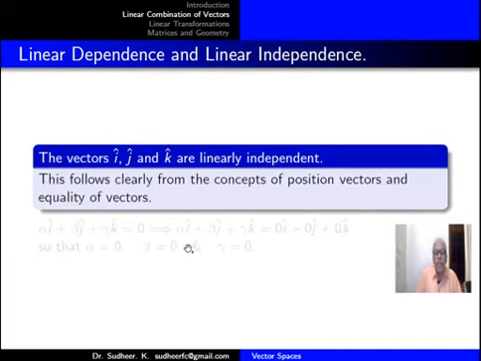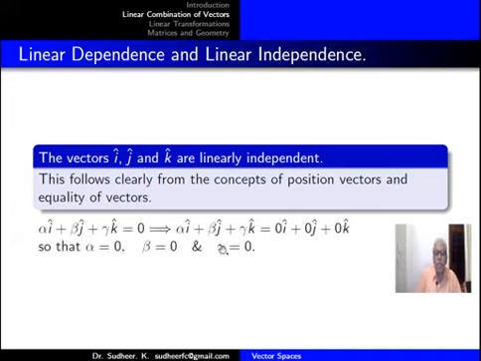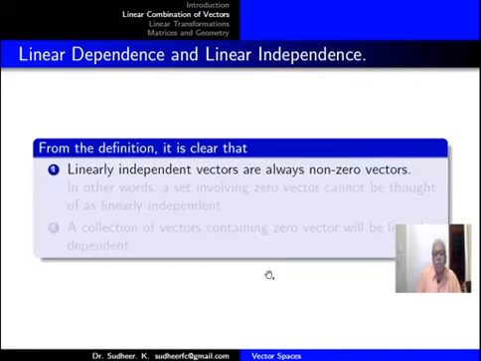The vectors i, j and k are linearly independent, and this follows clearly from the concepts of position vectors and equality of vectors. I'll just outline the steps. Alpha i plus beta j plus gamma k equal to 0 implies the 0 vector on the right side can be written as 0 i plus 0 j plus 0 k. Now you just compare the coefficients, you will get alpha equals 0, beta equals 0 and gamma equal to 0.